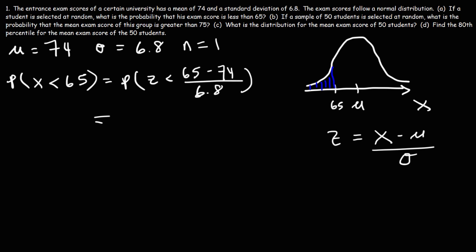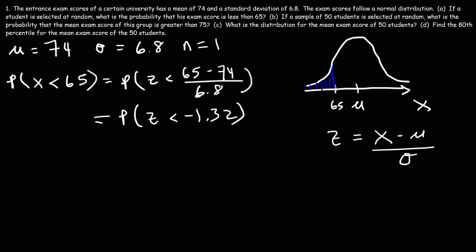So 65 minus 74 is negative 9. Negative 9 divided by 6.8 gives us negative 1.32. So now that we have the z-score, let's go to the negative z table to get the answer.